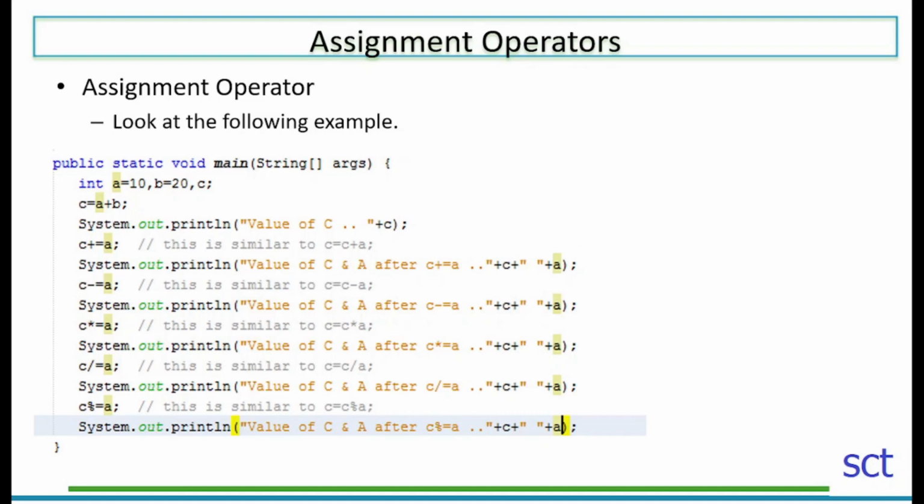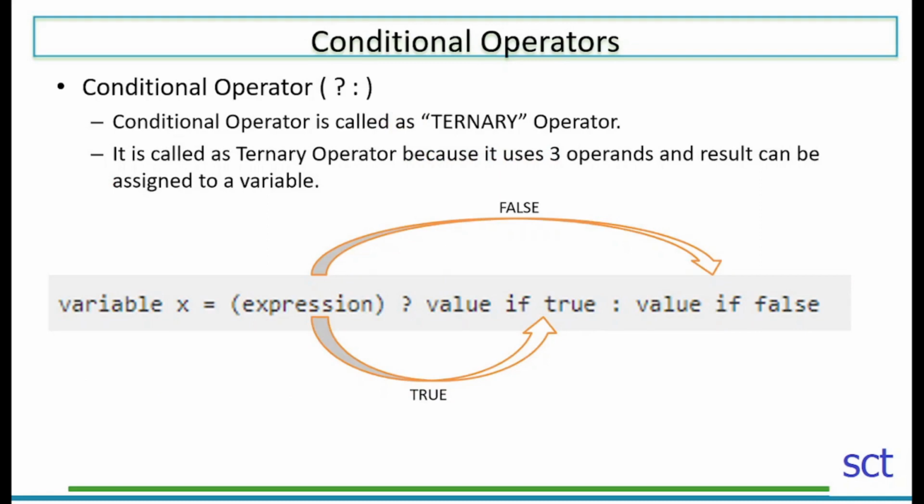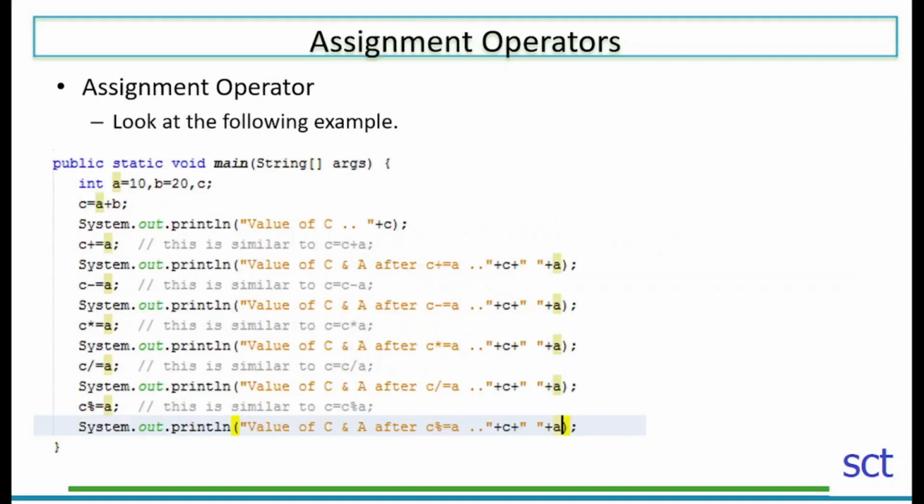So take this program and you can execute and see. Type this program in your NetBeans and see what the output is going to be. The output is going to be like this: value of C is equal to 30, and after C plus equal to A, it is going to be 40. I am going to print the value of C and A both here.